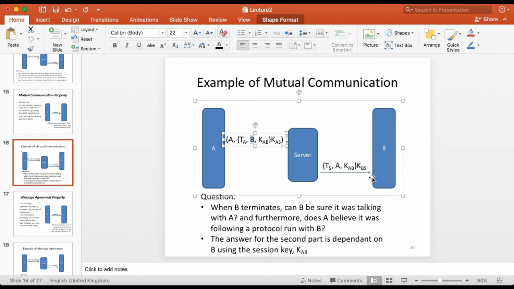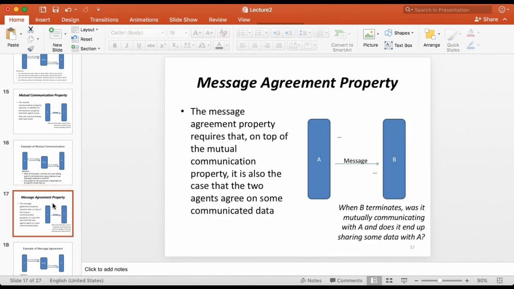And so that means that A indeed is sure that it wanted to talk to B. So B knows that A was alive, but now B also is sure that A indeed knew that it wanted to talk to B. So it's an additional requirement that is added on top of the aliveness property.